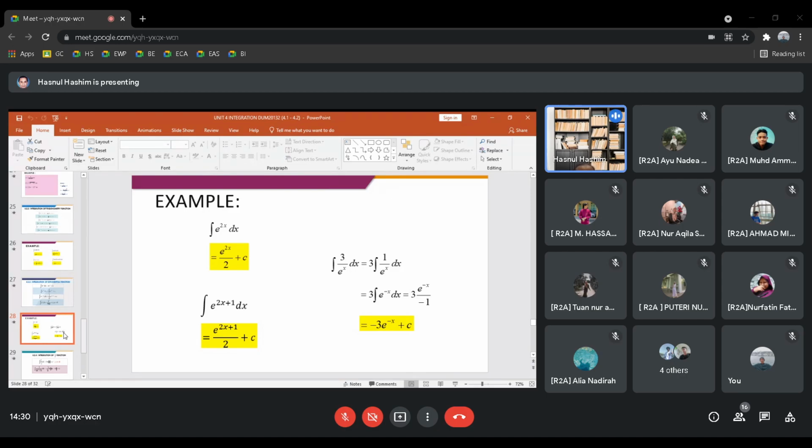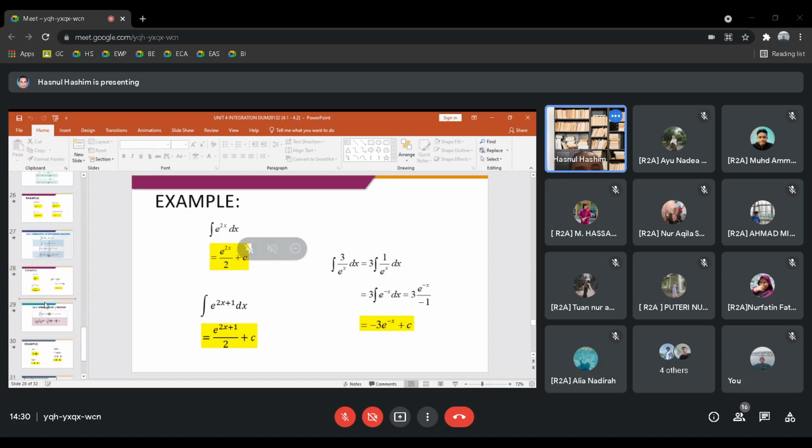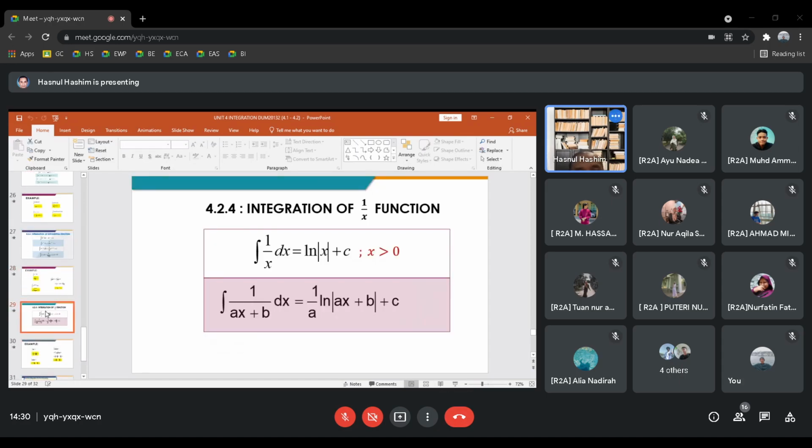Alright, and if you have 3 over e to the power x, then we have 3 over negative 1, negative 3, e to the power of negative x. So you must remember this. And then we look at here, 1 over x.